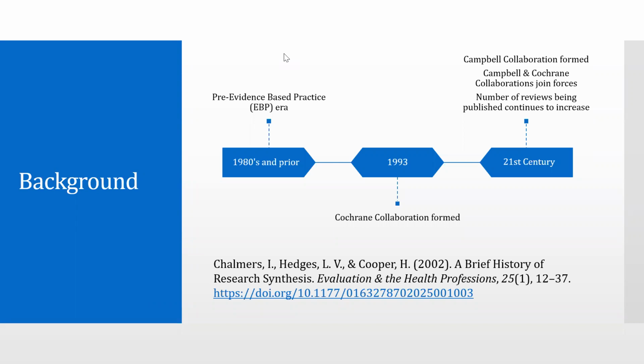In 1993, the Cochrane collaboration was formed, and they published the Cochrane database of systematic reviews. And now in the 21st century, the number of reviews being published just continues to increase. And these reviews are becoming more and more important, not just in medicine, but in a lot of different disciplines. The Campbell collaboration was formed, and they do this work in the social sciences. And they also work with the Cochrane collaboration as well.